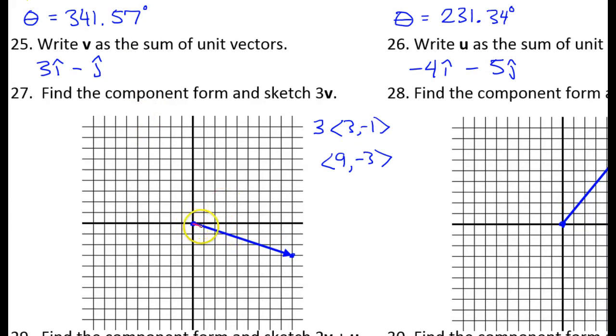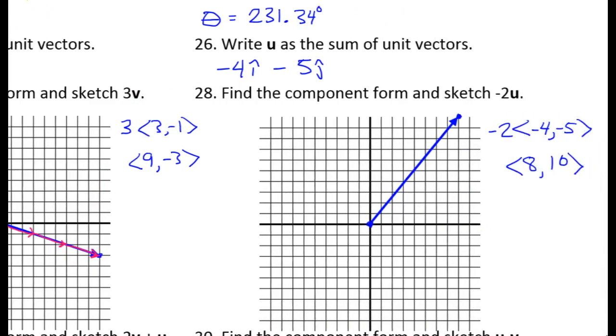So vector v is like right here. So 3 times vector v should be 3 of those, like this. Okay, so now we've illustrated 3 times vector v.